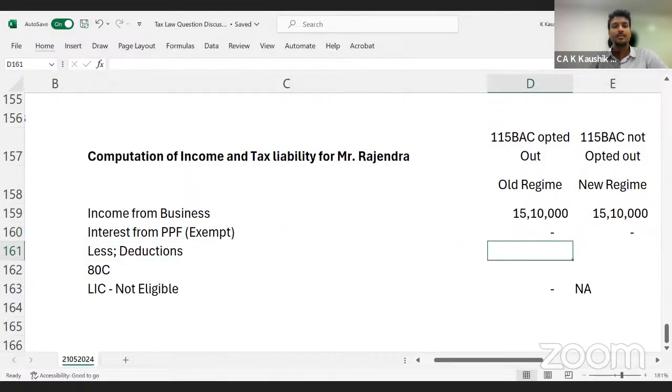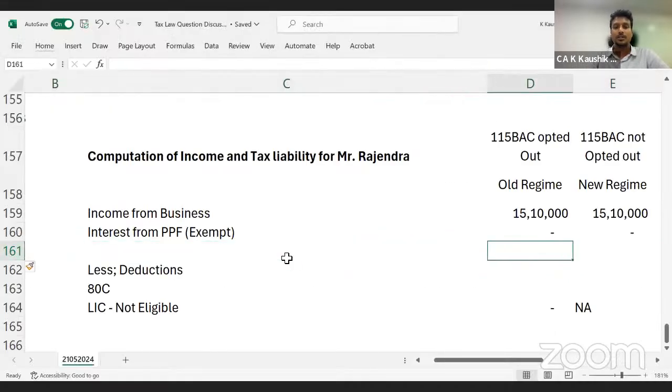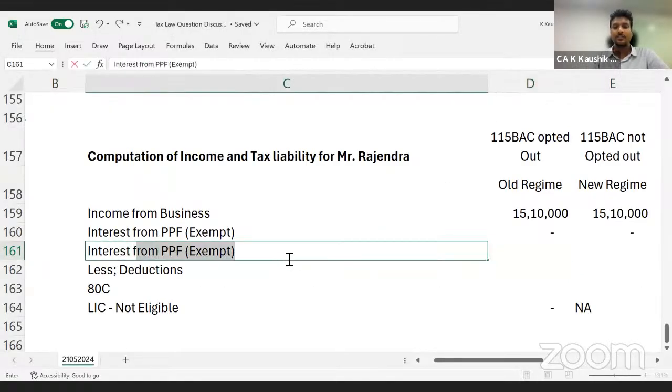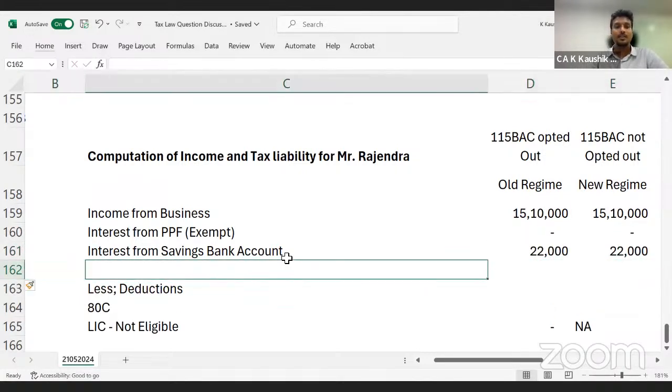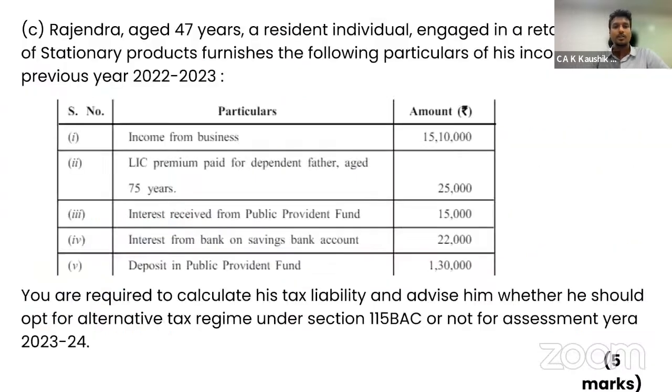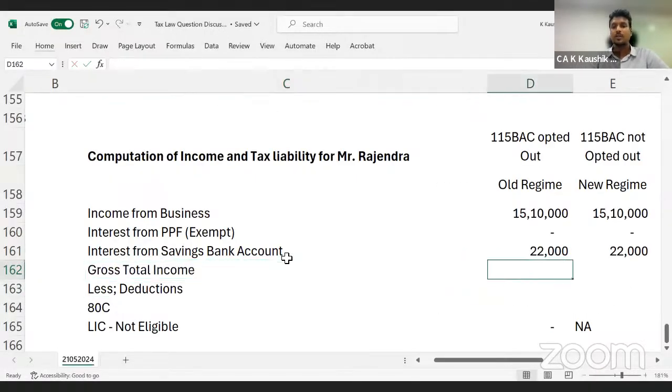Then comes interest from bank on savings bank account. In both cases, it will be 22,000. And that's all. So this is your gross total income.